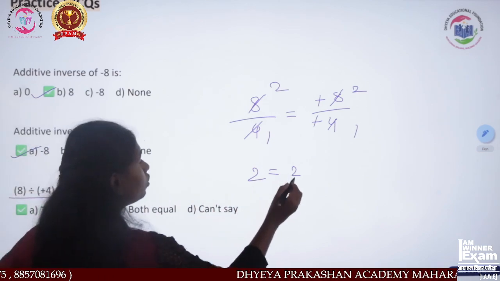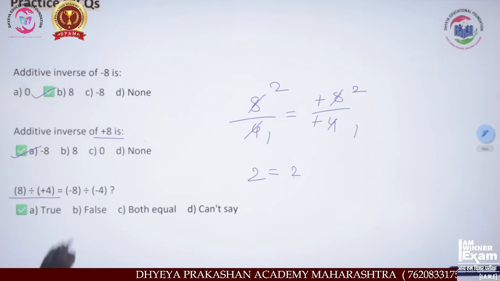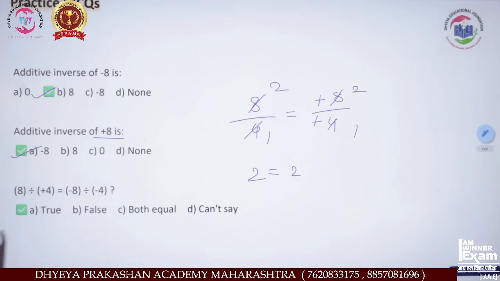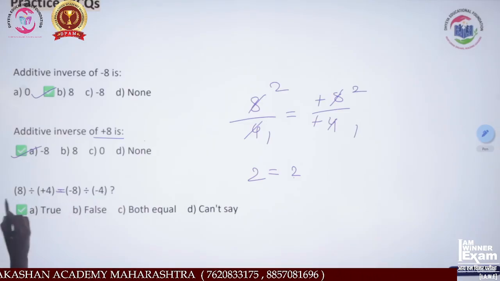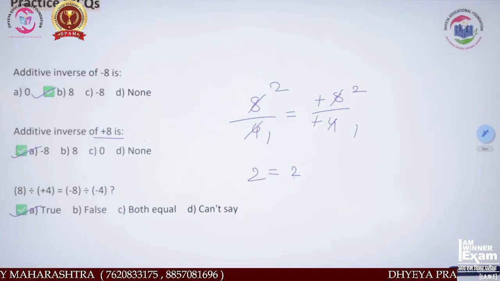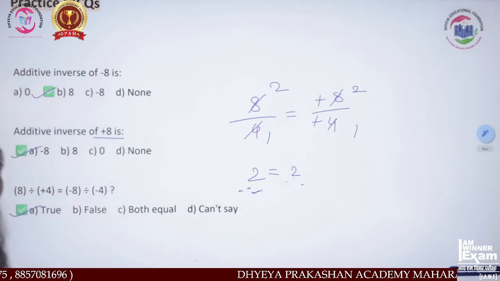Now 2 equal to 2. Yes, now they are both equal. What does it mean? They had written that this is equal to this. So is it equal? Yes, true. They both are equal, because after dividing, we get 2 and 2 on both sides.